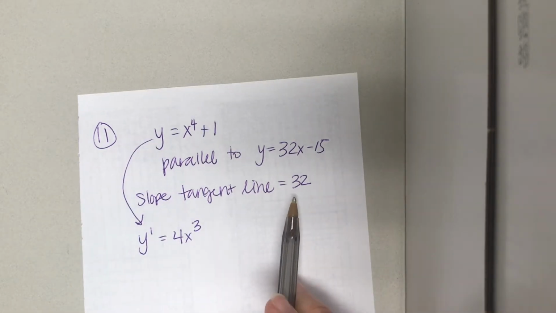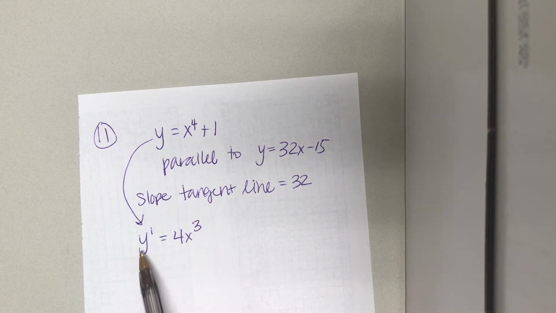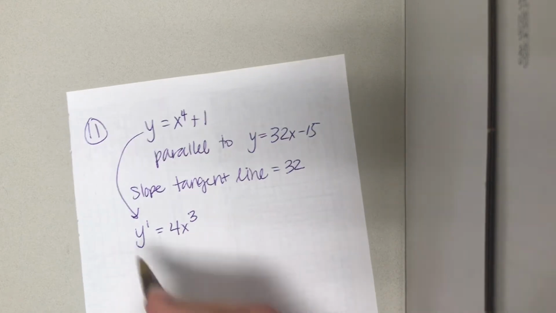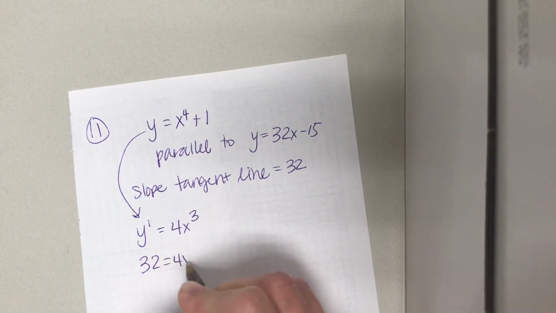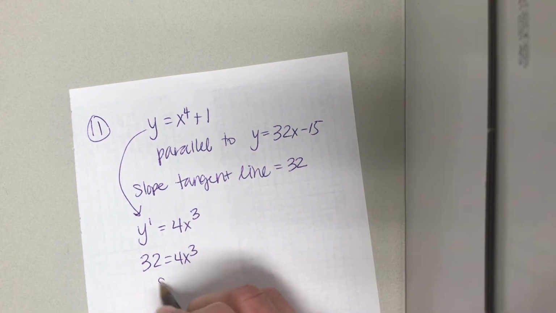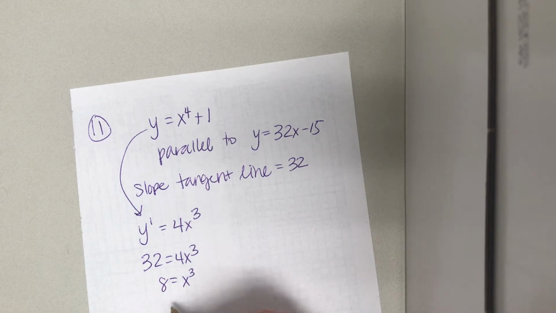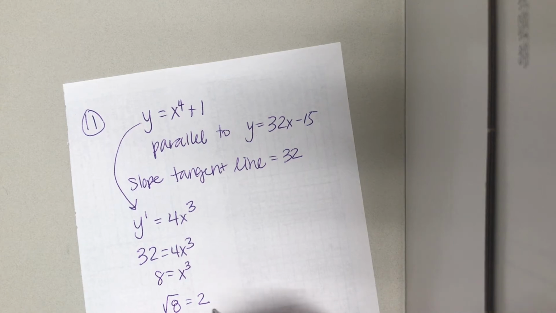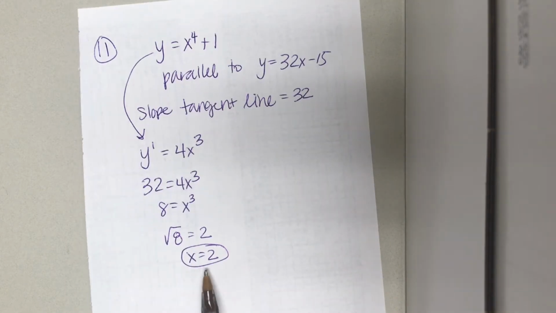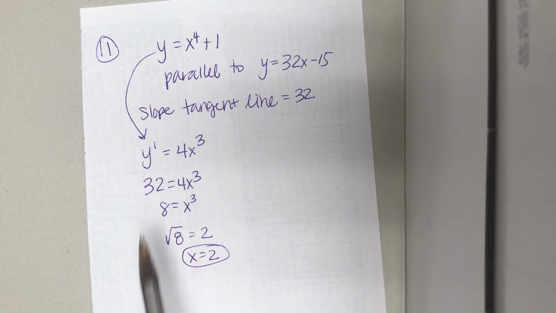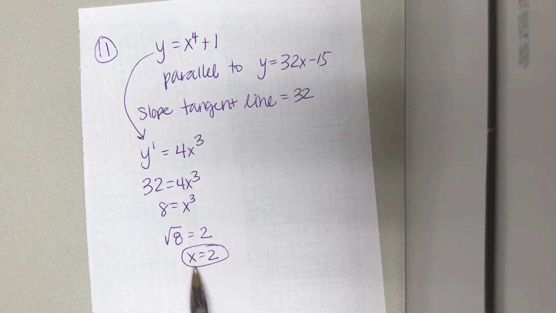And we just want to find when that is equal to 32. We can solve this: divide by 4, 8 equals x to the 3rd, and then the cube root of 8 is equal to 2. So x equals 2, and it has to be positive 2, because negative 2 cubed would be negative 8. So just x equals 2 is our only answer.